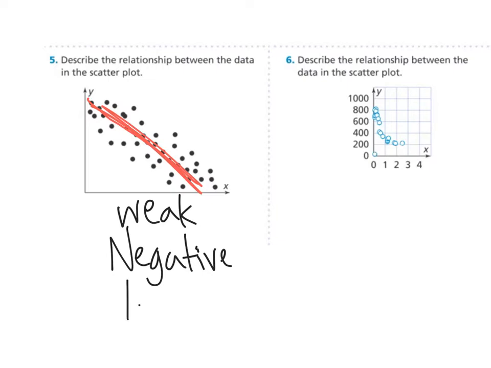And if it's positive or negative, it's always going to be linear. All right. Weak negative linear association, we could say. Okay, if it's no relationship, then it will be nonlinear. Positive or negative, it's going to be linear.